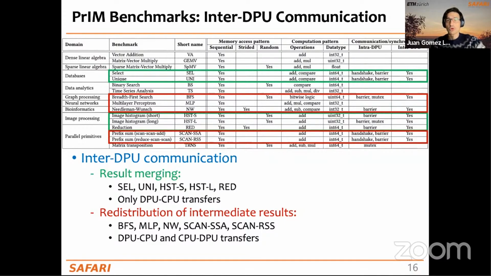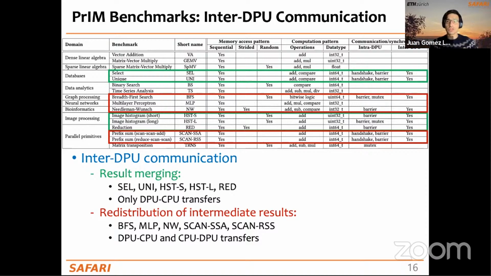In the top-down approach, after each iteration, the DPUs have created an intermediate frontier that needs to be redistributed over the available workers, available DPUs or tasklets. So what this means is that after each iteration, each of the DPUs has a partial frontier.